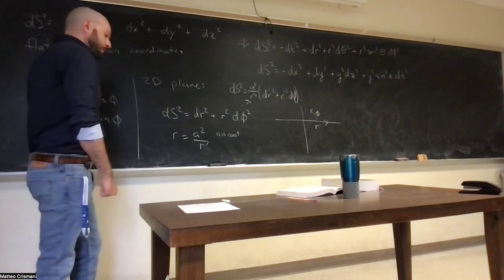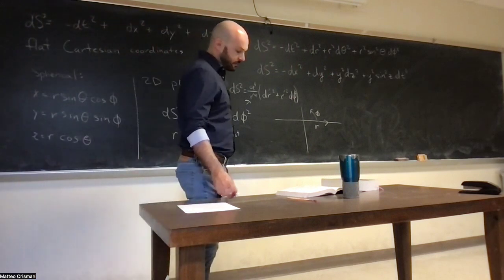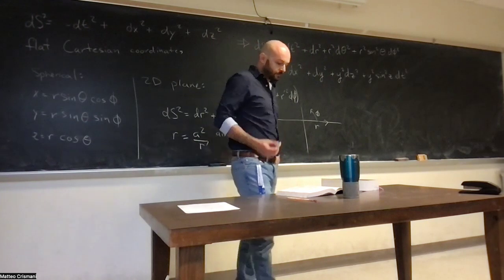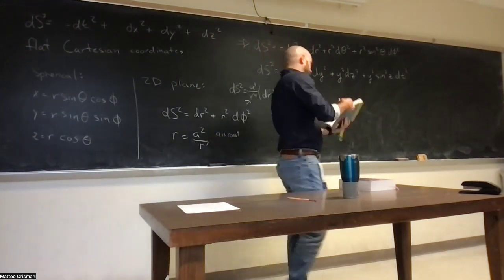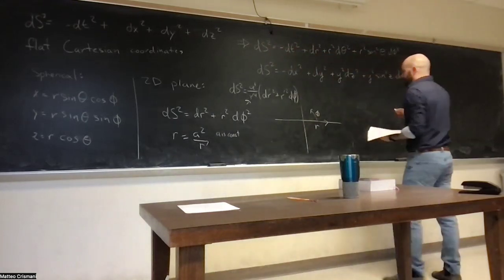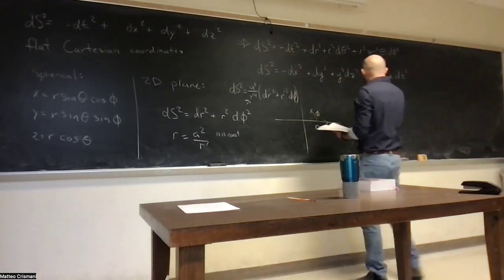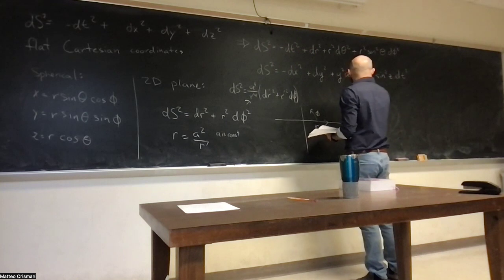Okay, so I would like for you to write down for me. We're going to describe a general geometry, and I'm going to write the definition of ds squared. I think we've written this before, but I'm just going to write it again.